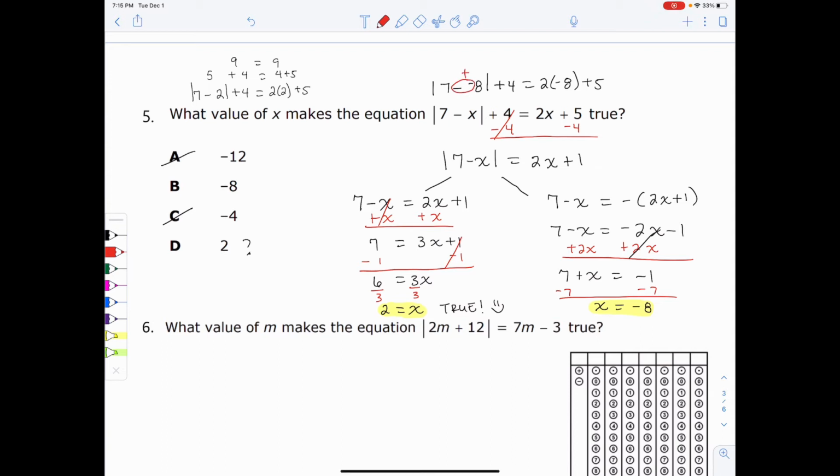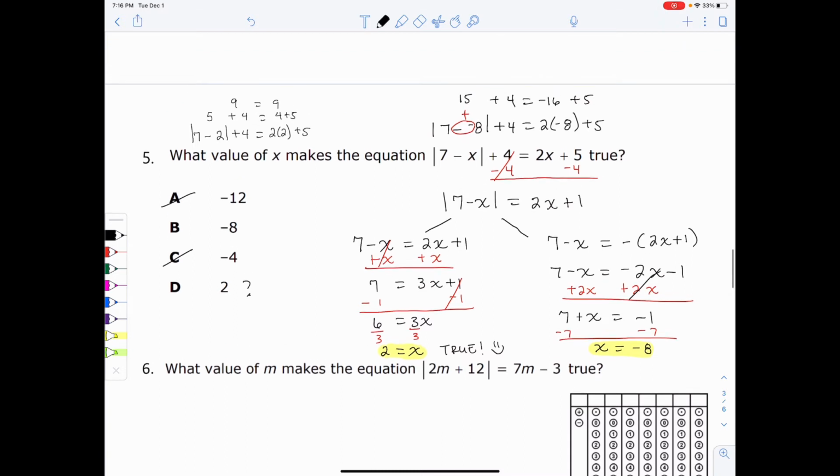And the absolute value of 15 is 15. So this would technically be 15 plus 4 equals 2 times -8 is -16, and then plus 5. All right. So 15 plus 4, well, that's going to give me 19.